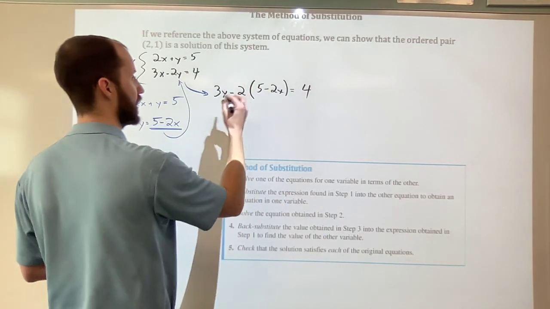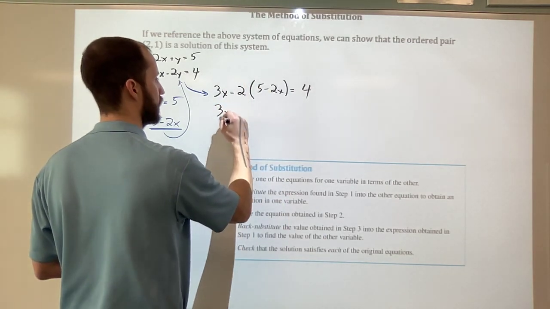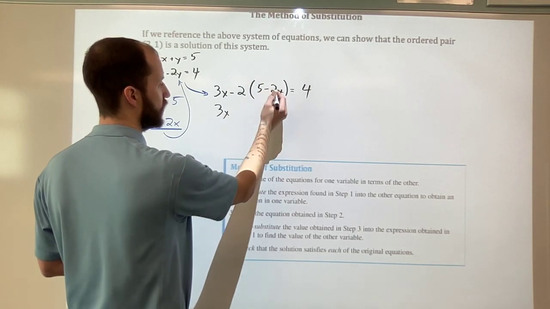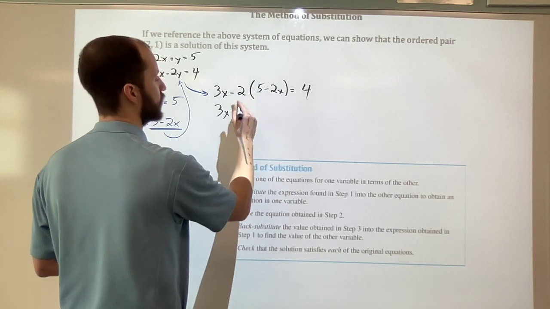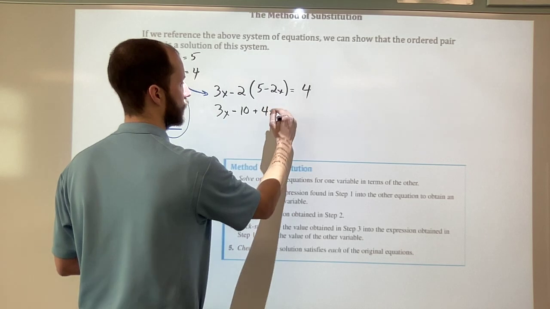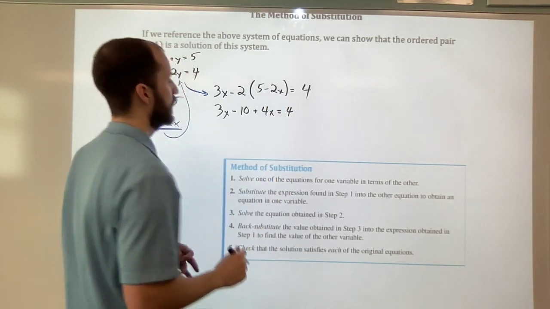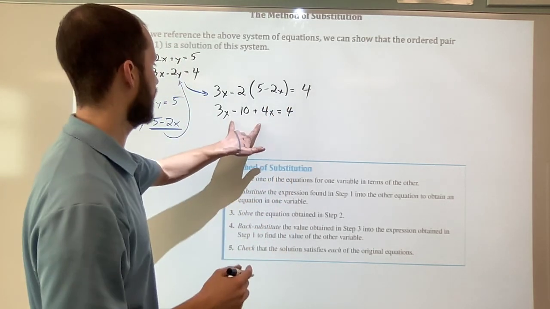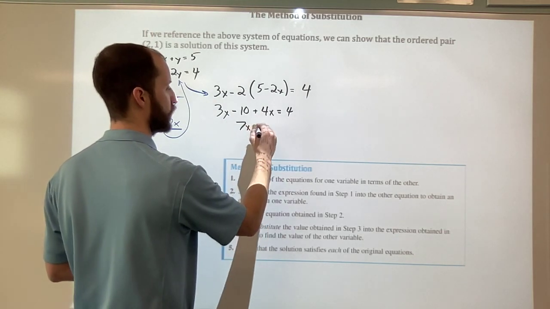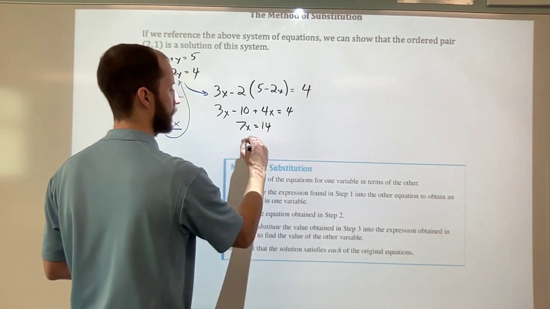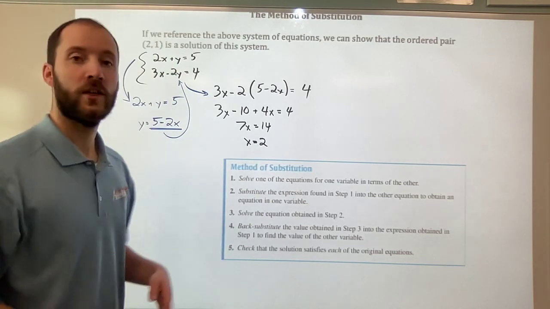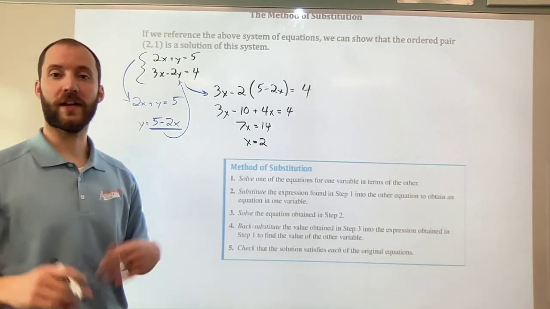So distribute the -2, 3x minus 10, -2 times -2 plus 4x. So minus 10 plus 4x equals 4. Combine like terms, 3x and 4x is 7x. Add the 10 over, get 14. And x equals 2.